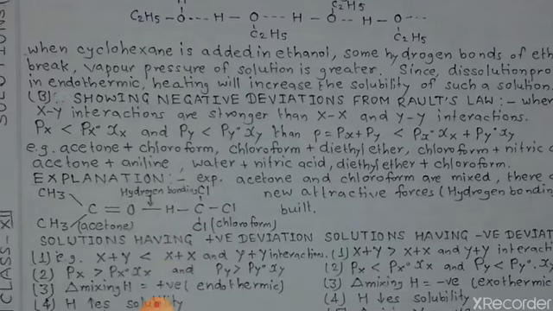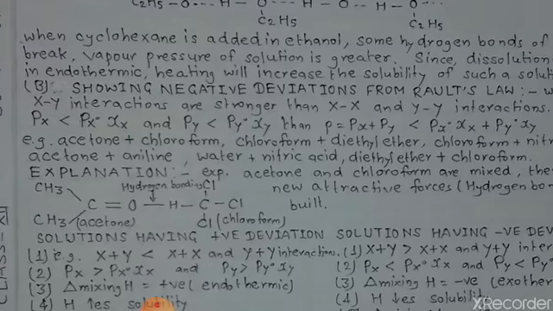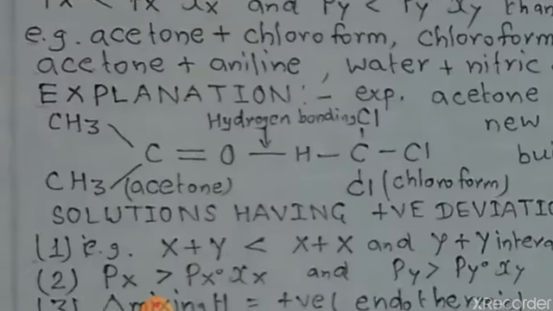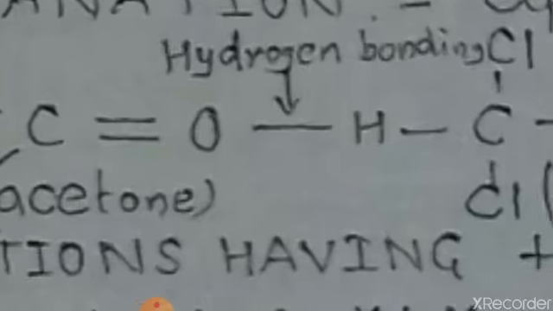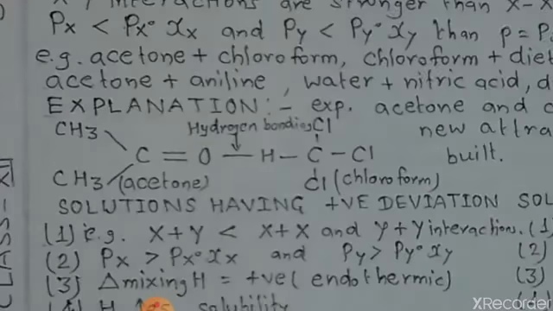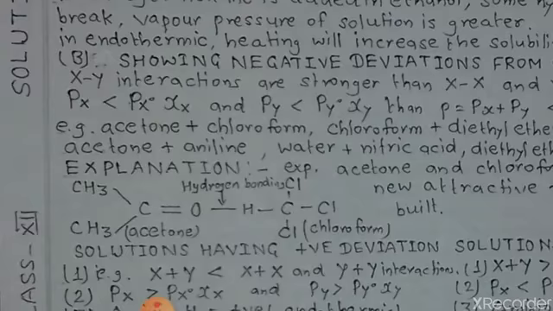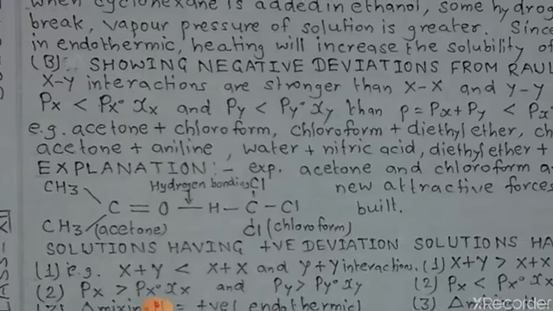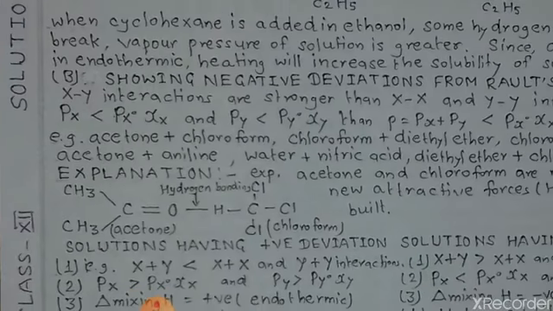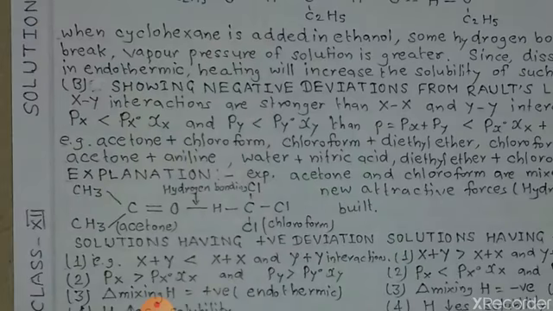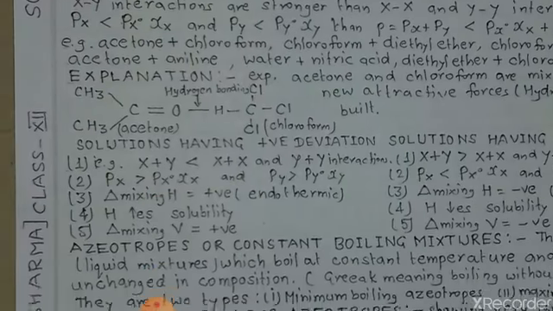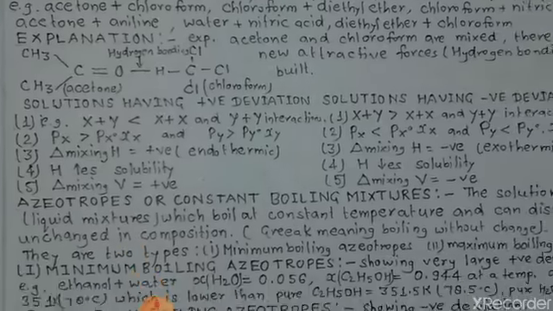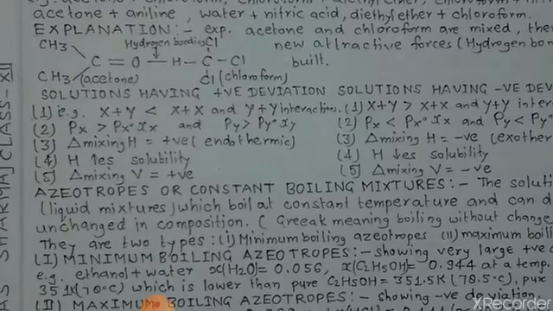The reason, for example in the case of acetone and chloroform, is that intermolecular hydrogen bonding is formed. It means the solution always has a greater boiling point than the solute and solvent. In tabular form, we can differentiate between them. You can see the display.